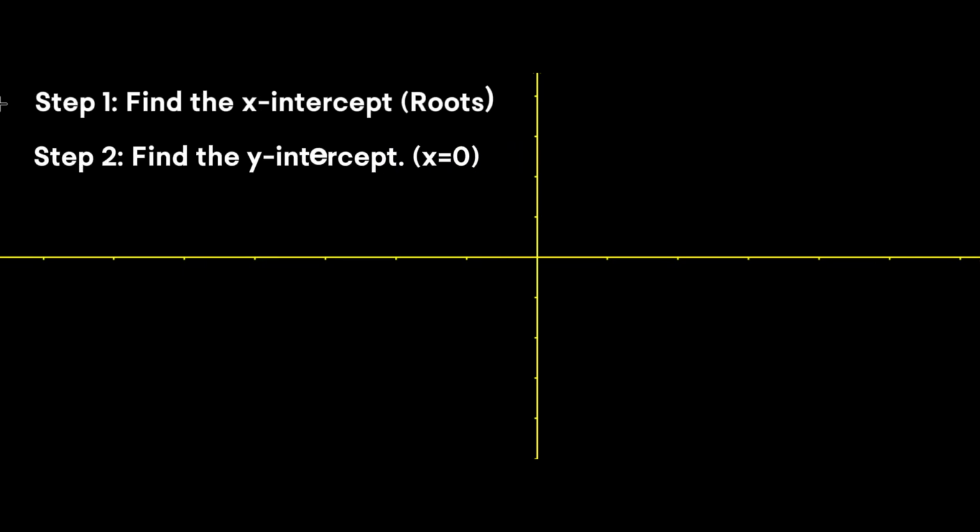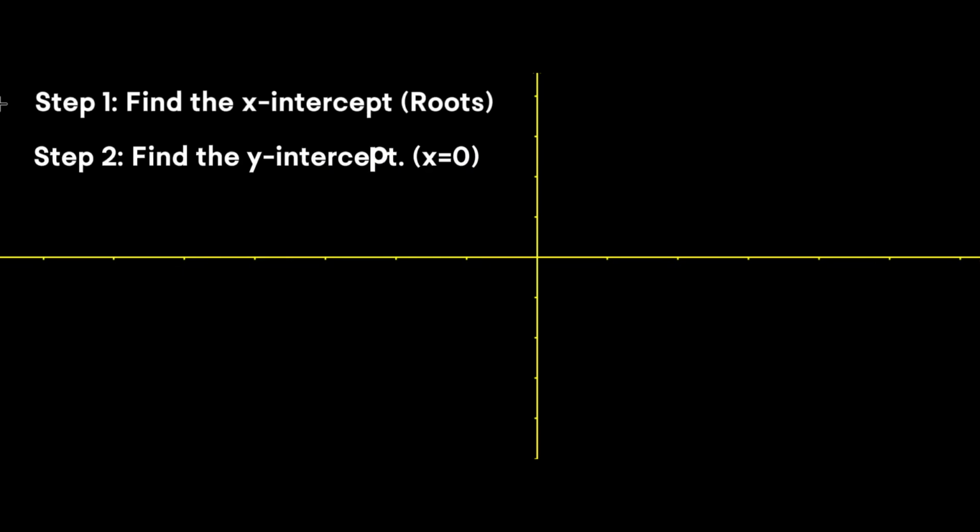And so we are going to look at a specific cubic function. But first, let's look at all the steps involved in sketching a cubic function. The first step is you have to find the x-intercept, that is the root of this cubic function. Then after that, we are going to look at the y-intercept, and this occurs where s is 0.